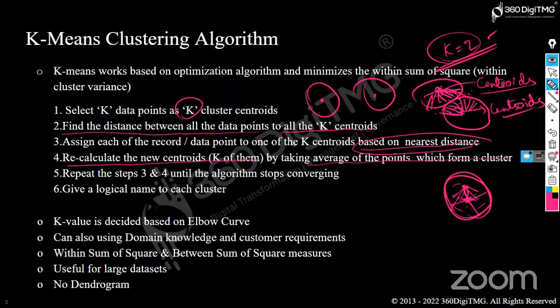When you repeat the third and fourth steps, at the end you will be getting the clusters. So the elbow curve is responsible for deciding the k value.